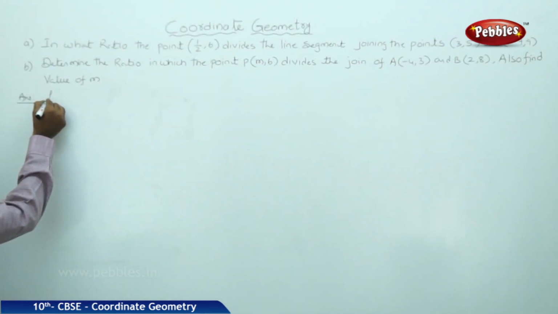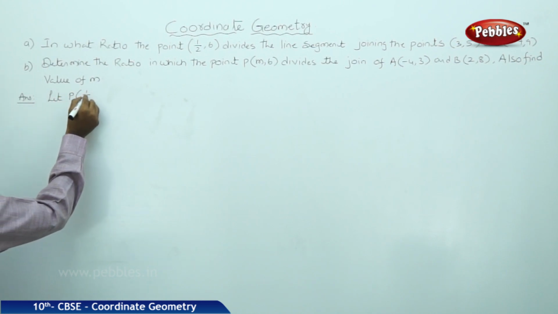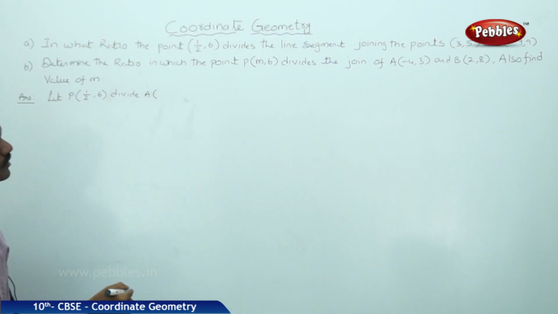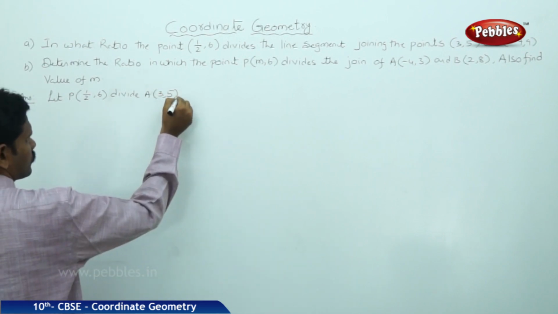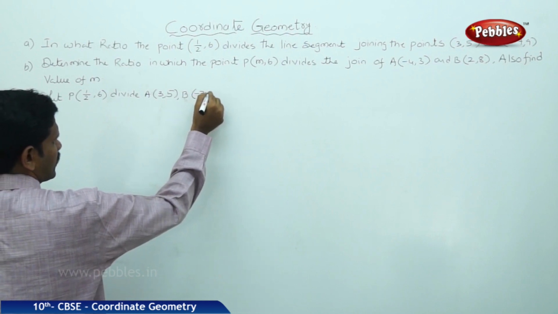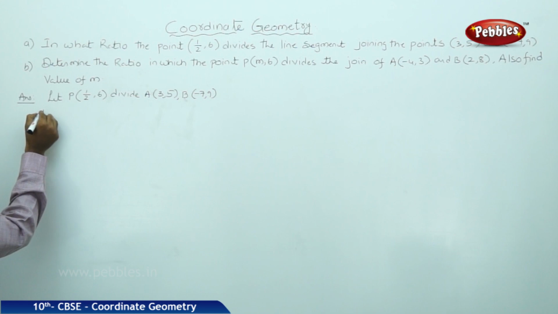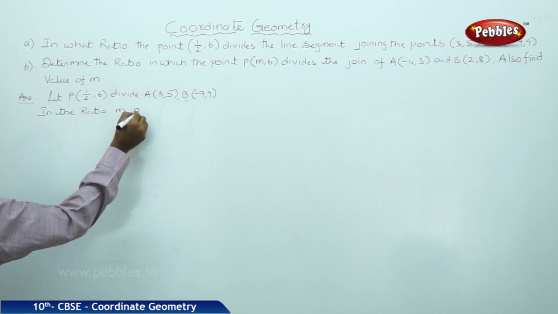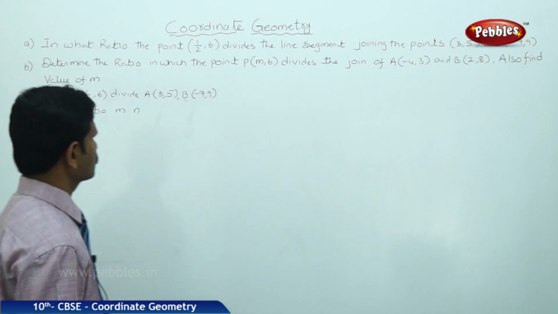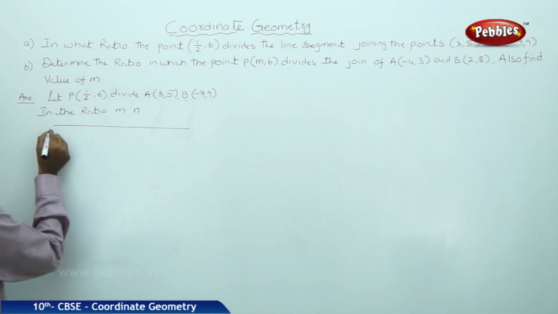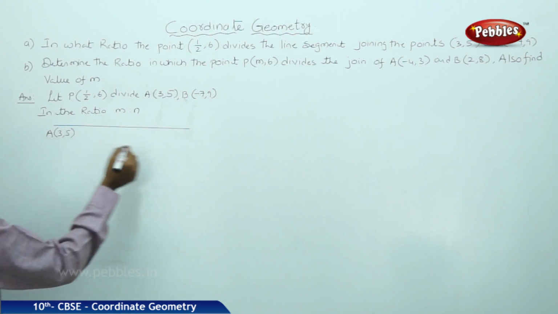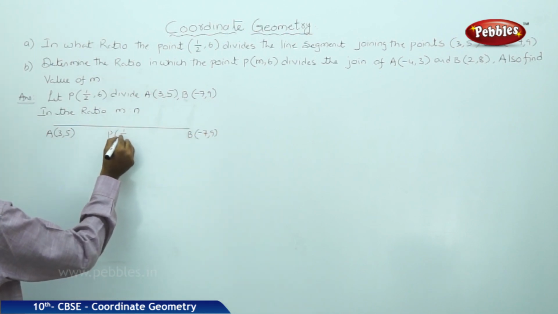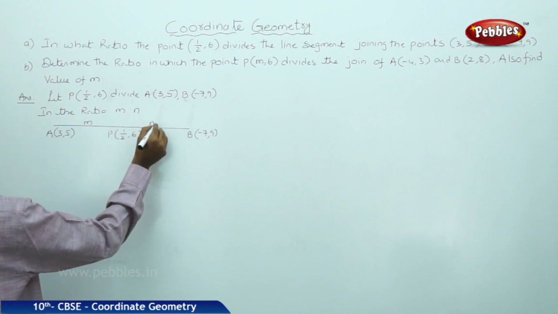Now let my supposition, let P(1/2, 6) divide A(3, 5), B(-7, 9) in the ratio m is to n, that is A(3, 5), B(-7, 9), P(1/2, 6), the ratio is m is to n.